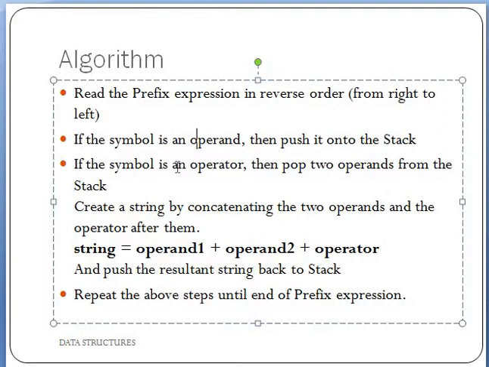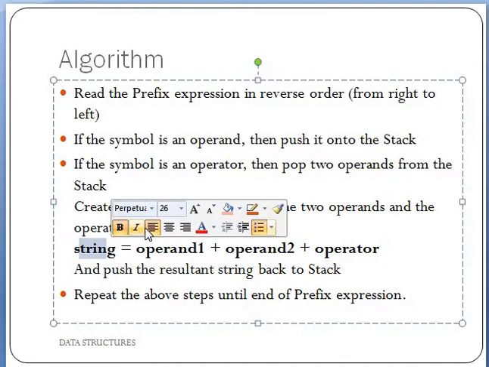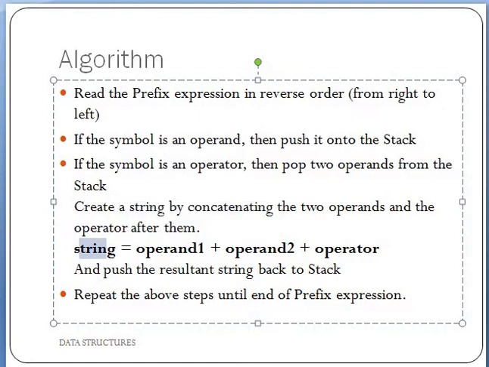If the symbol is an operator, then we pop two operands from the stack, create a string by concatenating the two operands and the operator, and push the string onto the stack. We repeat the above steps until the end of the prefix expression.